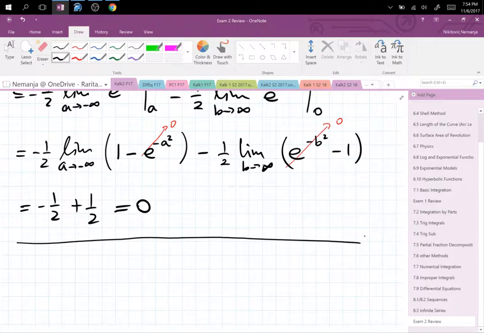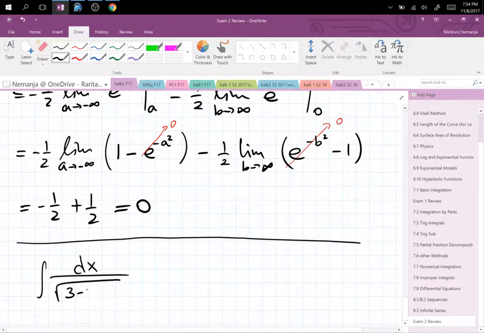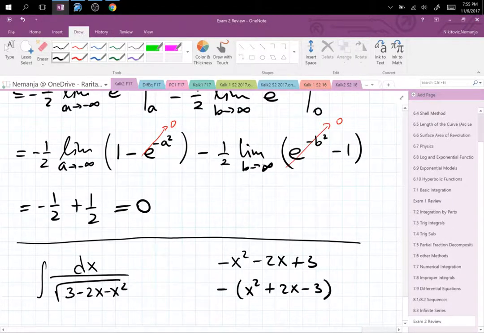Oh, that's the 35, what we did earlier, completing the square. You have dx divided by the square root of 3 minus 2x minus x squared. So you have minus x squared minus 2x plus 3. You factor out the negative, you get x squared plus 2x minus 3.